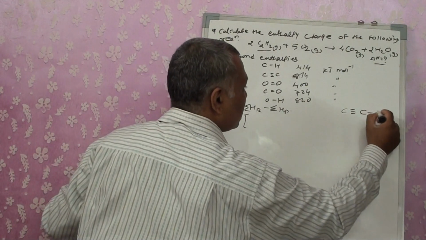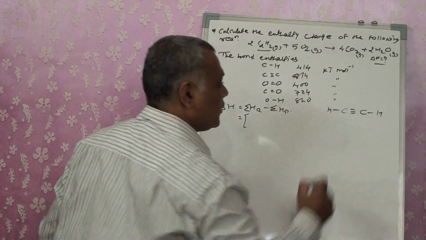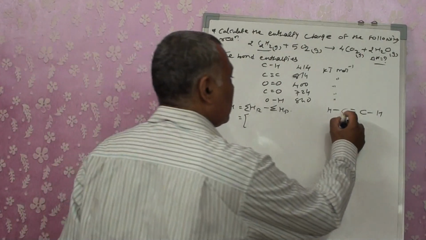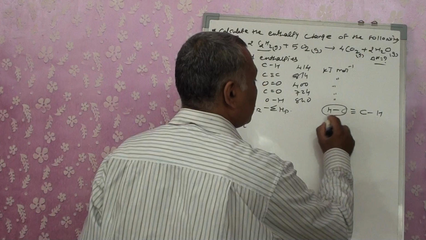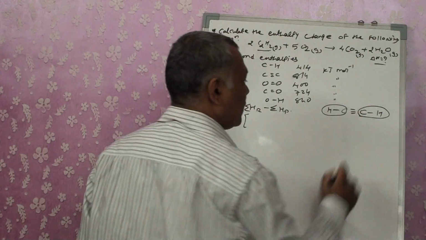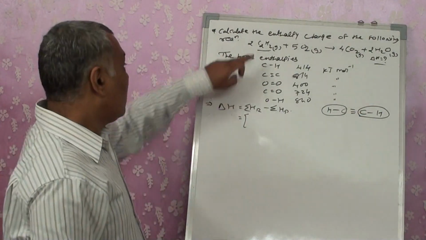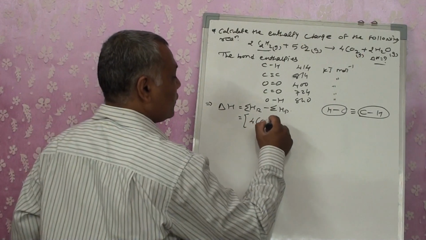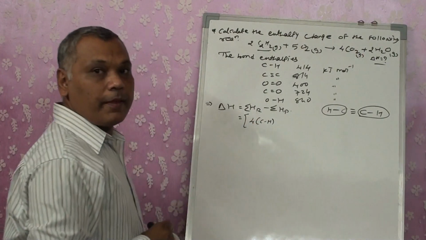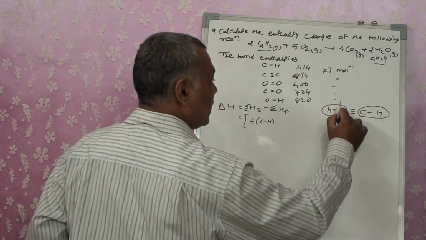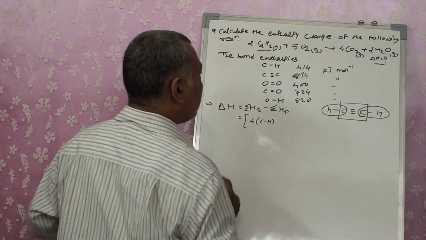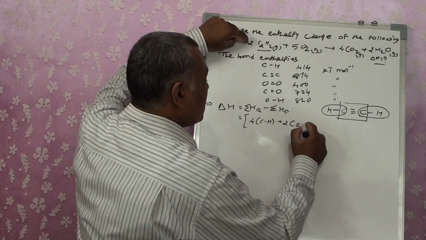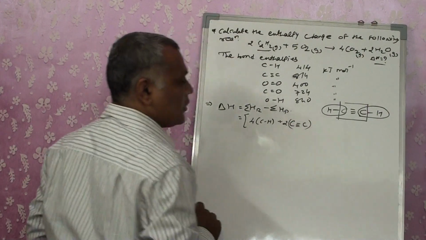H-C triple bond C-H. So there is one C-H, another C-H, two C-H, and into 2, that means 4 C-H bonds are there. Similarly, it has a C triple bond C, and there are 2 C triple bond C.